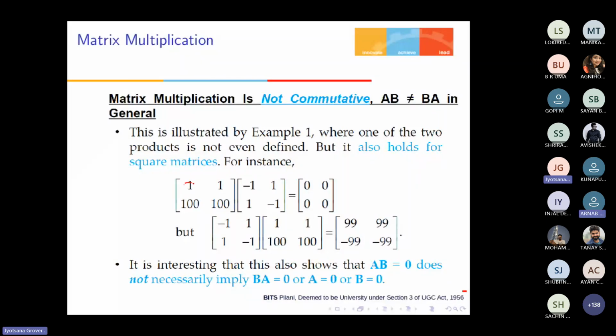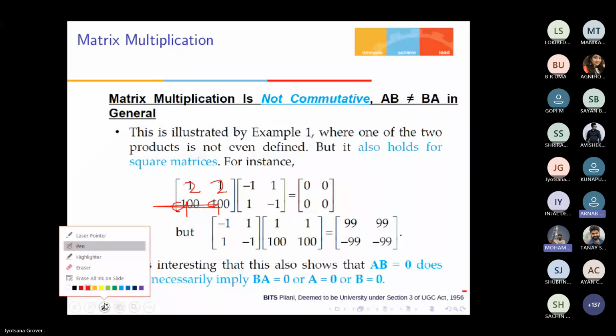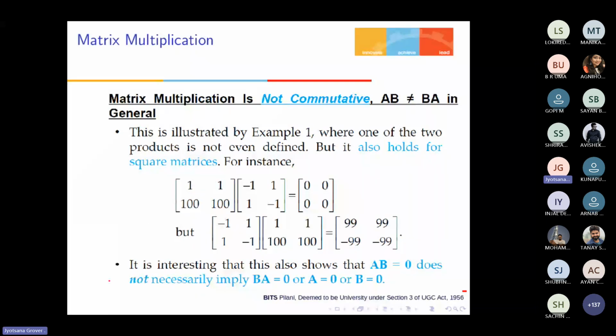Because the second matrix is such that it is a symmetric matrix, it will be 0 always, provided the first row has all entries the same and the second row has all entries the same. Correct.